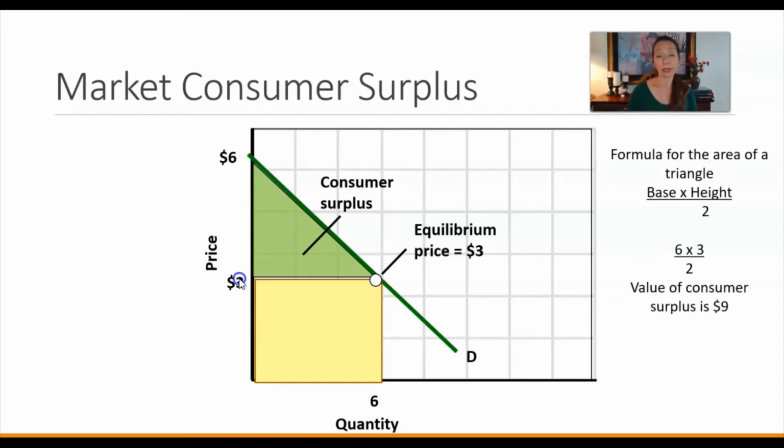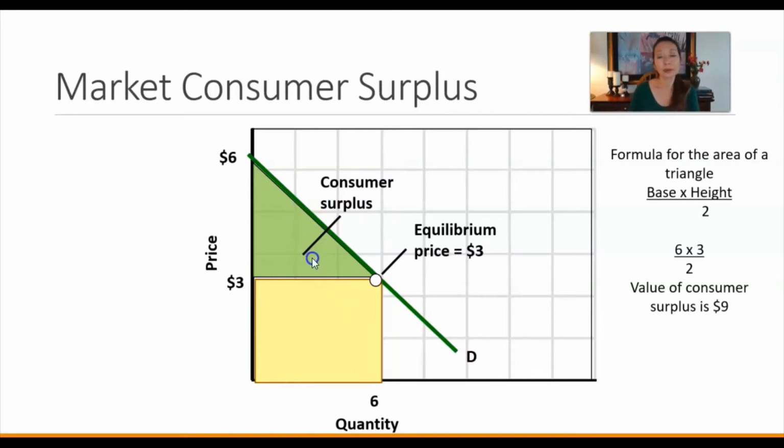This triangle up here is the value that they get, but they didn't have to pay for this because they paid the equilibrium price of $3. So you have the consumer surplus, which is the triangle below the demand curve and above the equilibrium price. And then you have the amount paid, which is in this yellow rectangle or square.